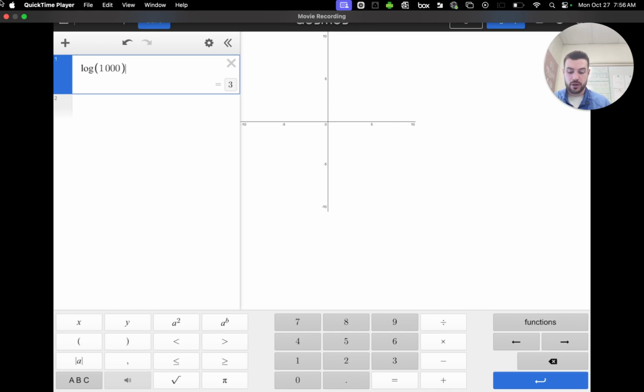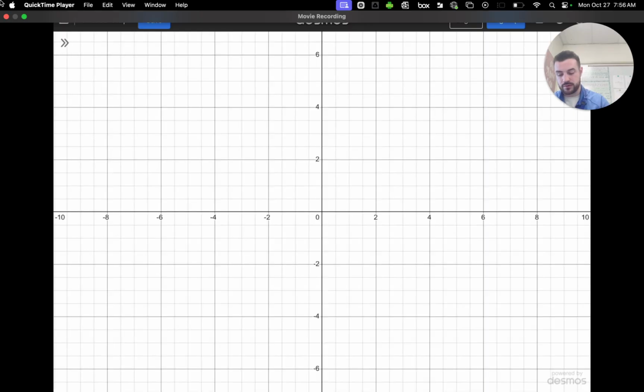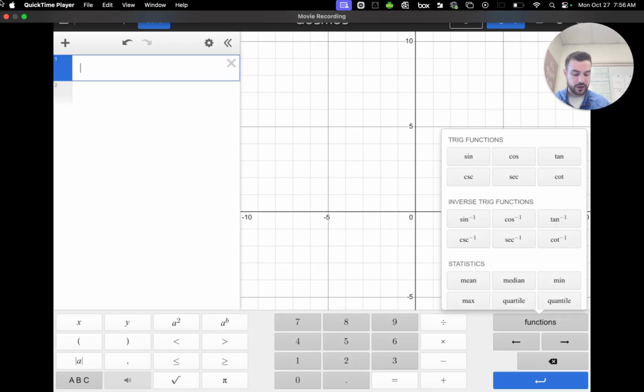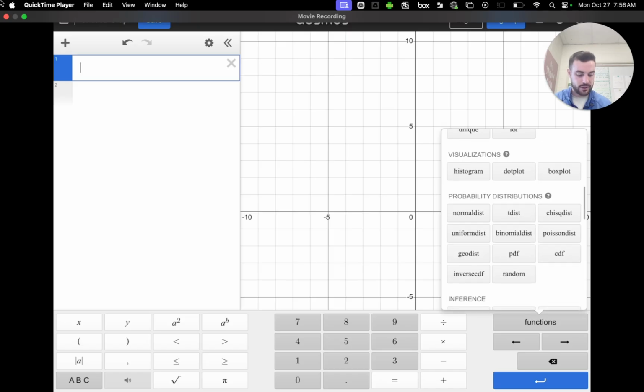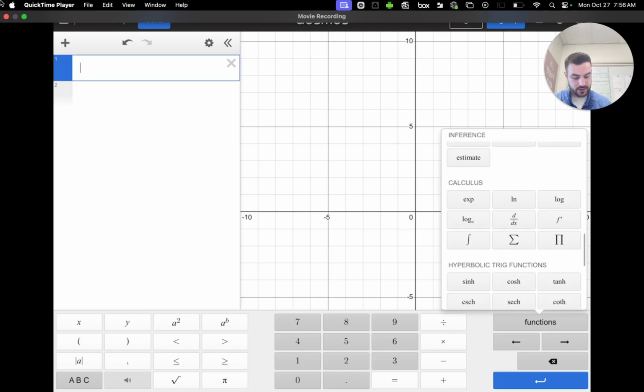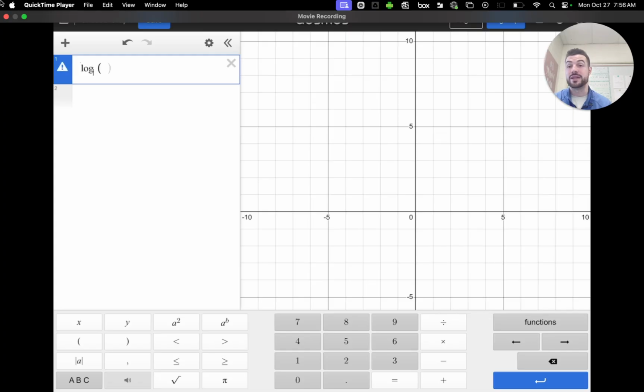Or we could even click functions and scroll down until we see log with a base of a. So I could put in values here. There's my base, there's my argument. Log base 2 of 8 is saying 2 to what power is 8, and my answer is 3.